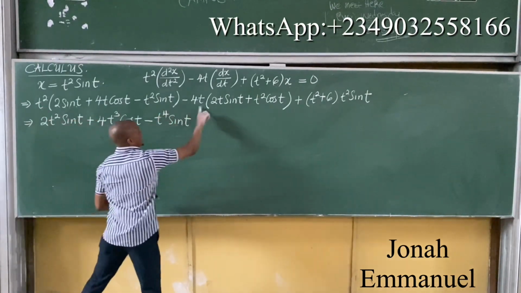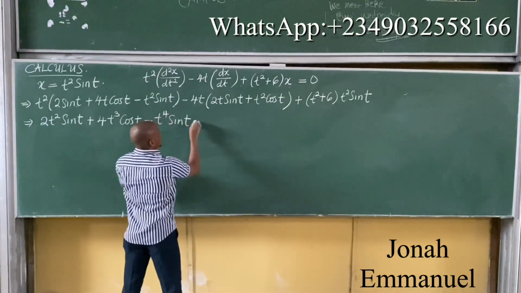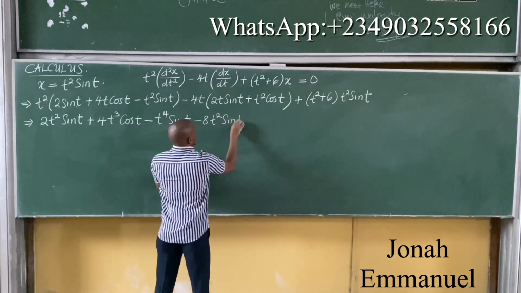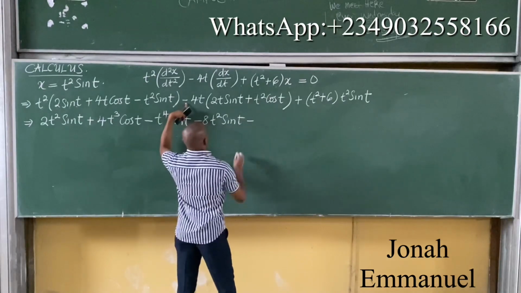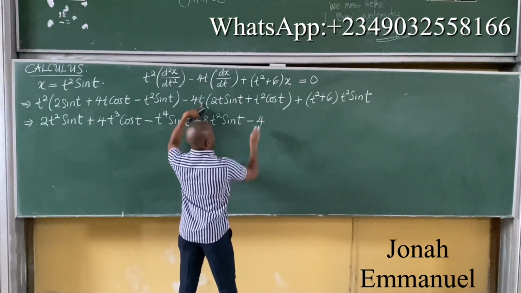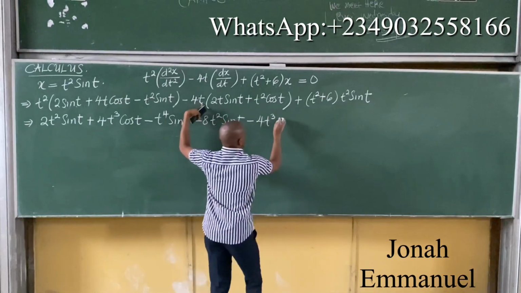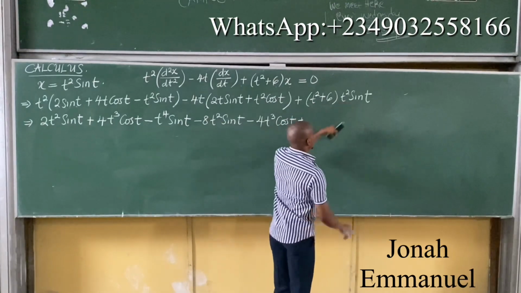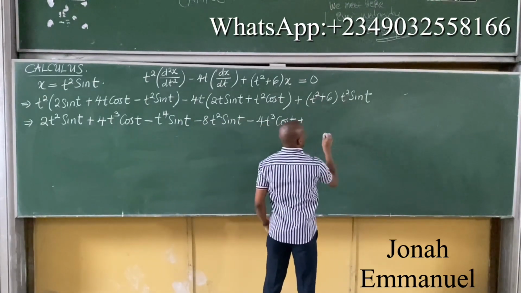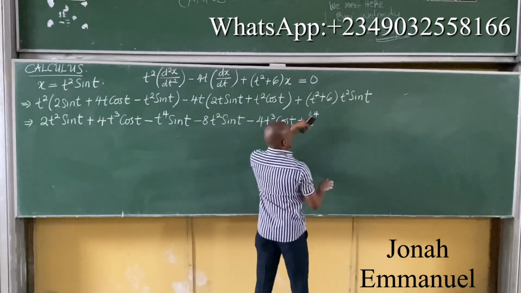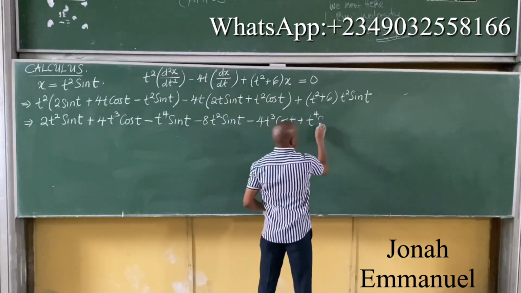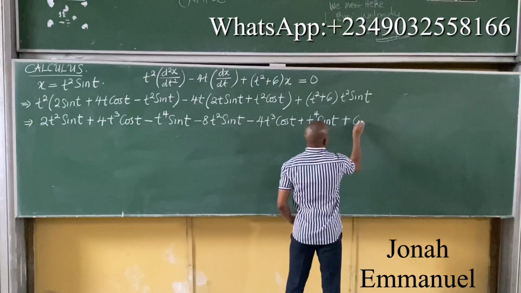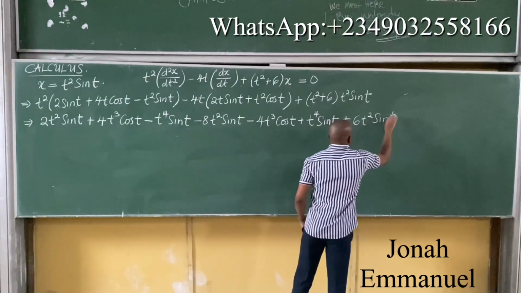Expanding the next one: minus 4 times 2 is minus 8t² sin t, minus times plus, minus 4t³ cos t. Then t² times t² sin t gives t⁴ sin t, and finally 6 times this gives 6t² sin t.